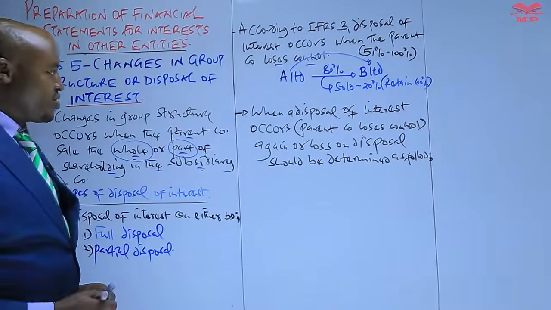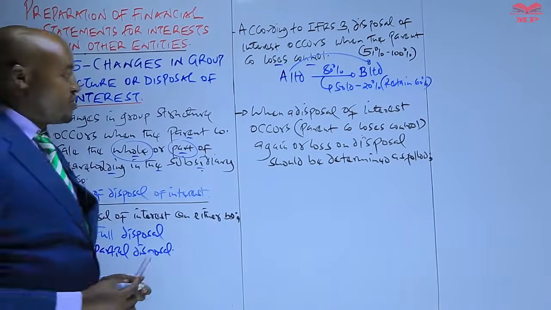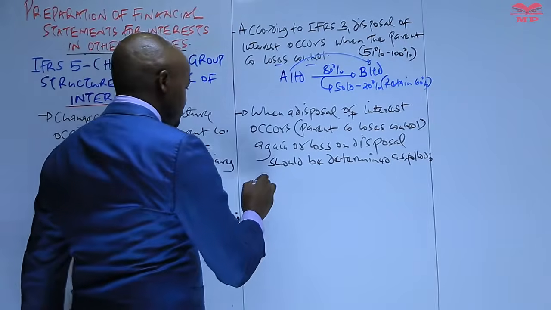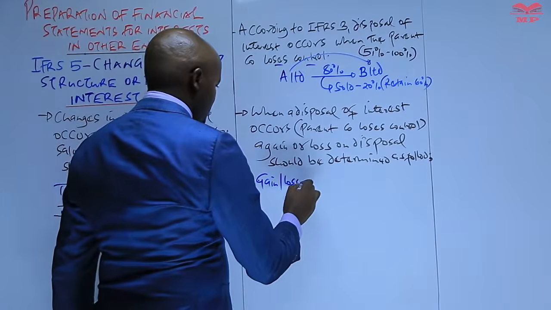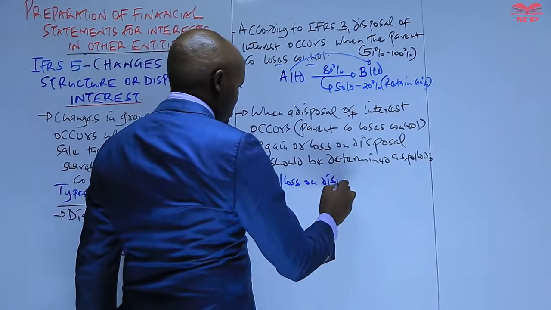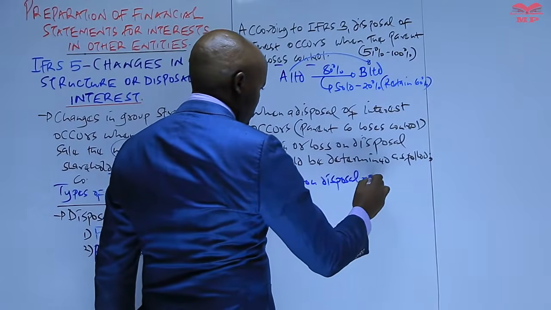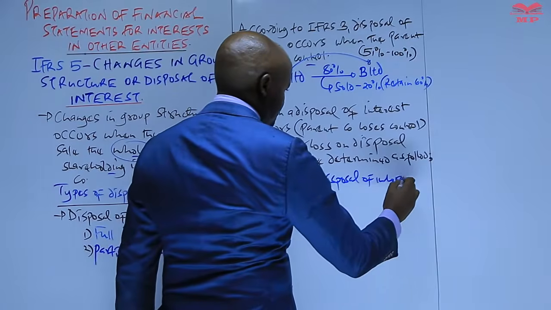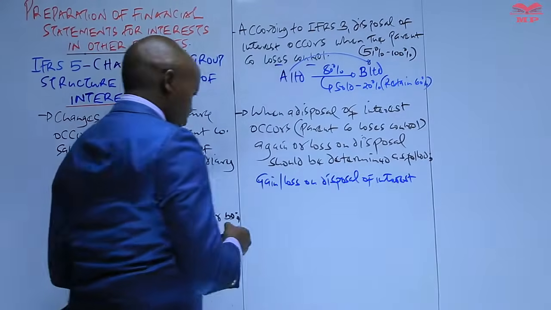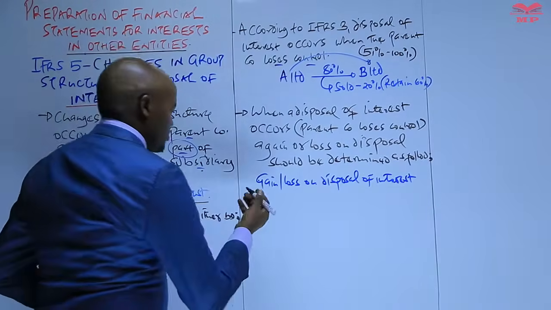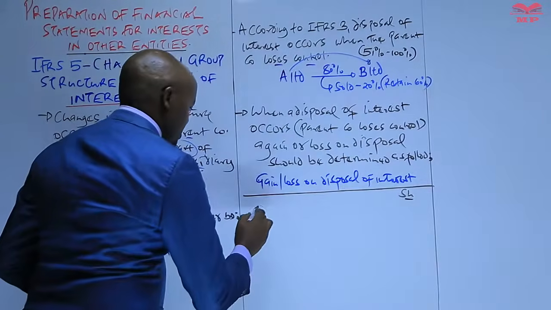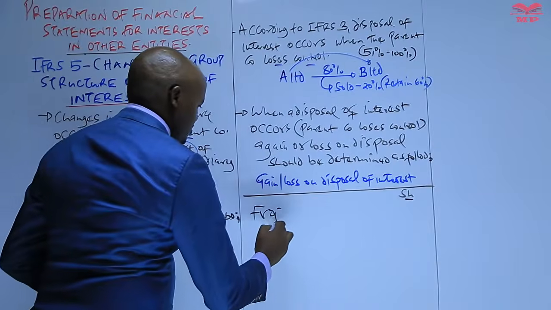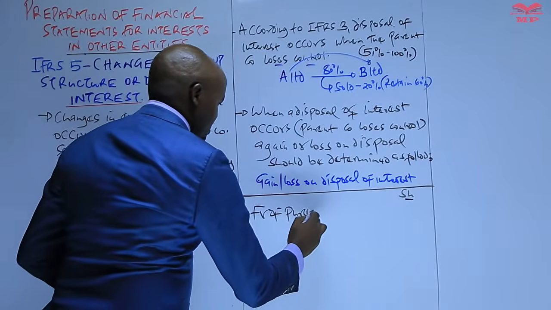So how do we compute that particular gain or loss on disposal of interest? To determine this gain or loss on disposal of interest, number one, we take the fair value of purchase consideration received.